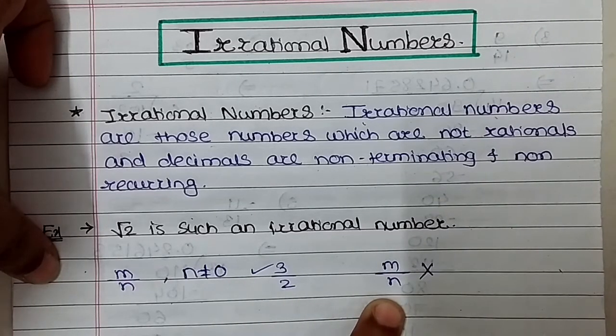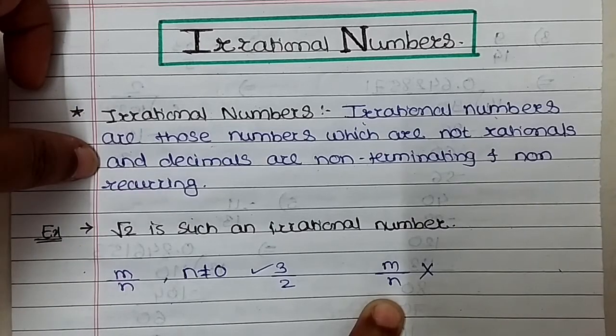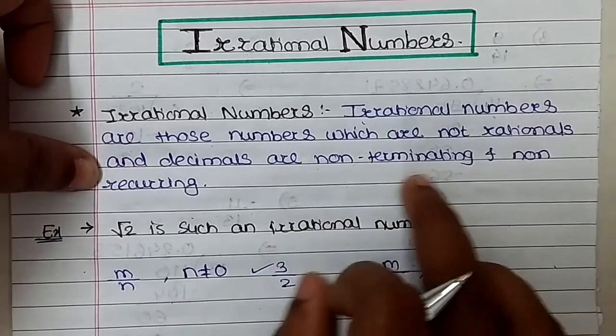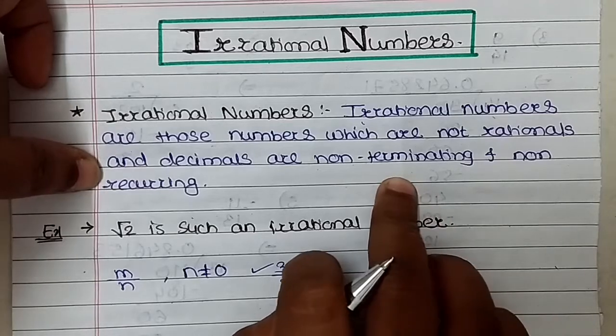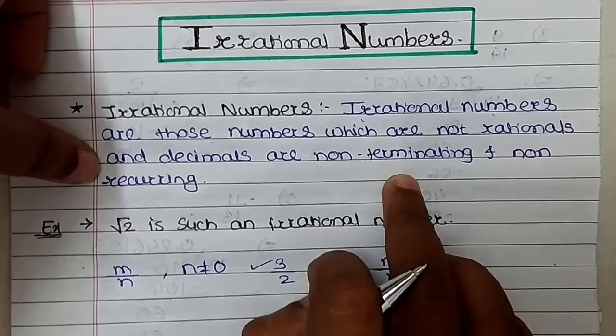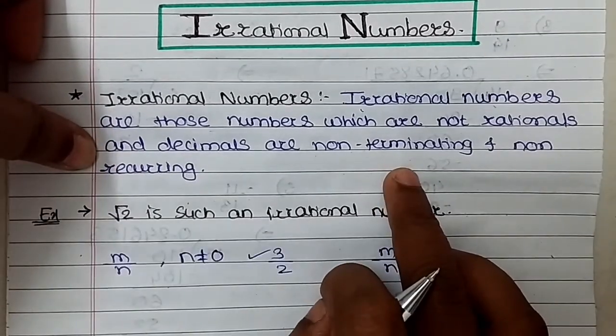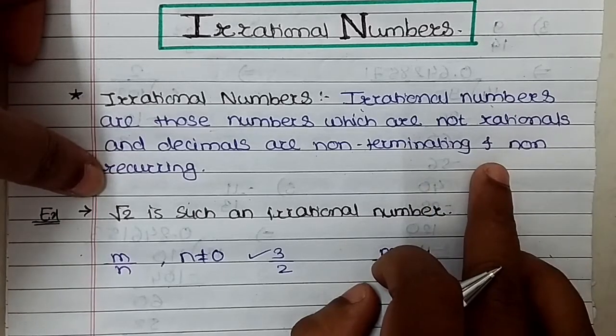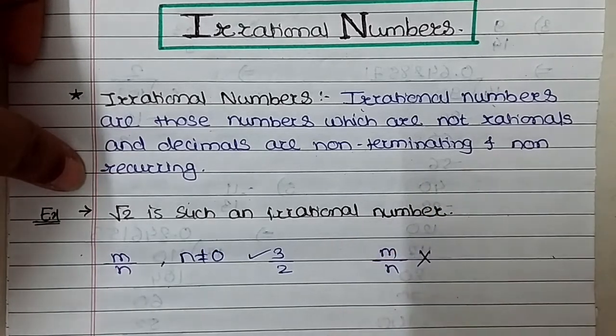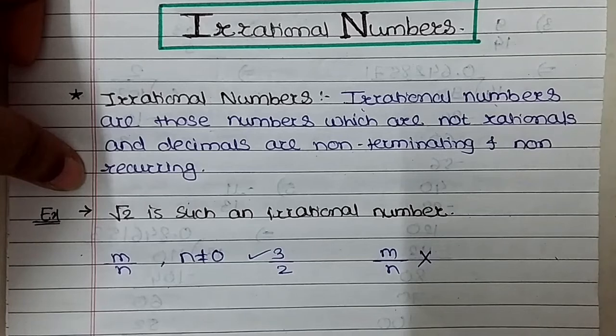And the decimal of that number is non-terminating, which means after the point there is no termination of the decimal digits, and non-recurring, meaning the digits do not repeat. So this is an irrational number.